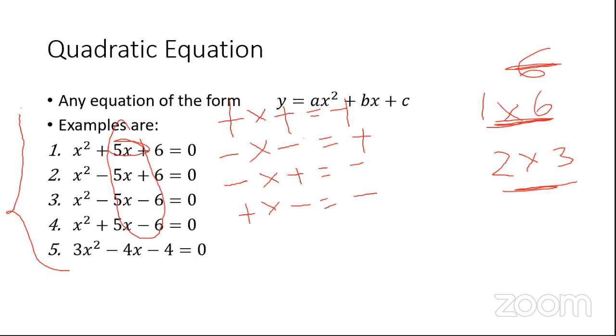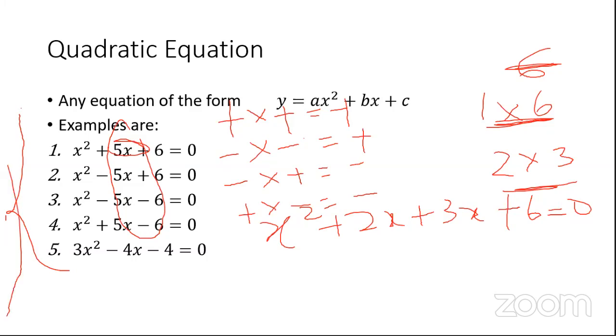So if you have that now, it means we are going to have x squared plus 2x plus 3x plus 6 equals 0. With that, you can now see that this and this form a group. This and this form a group. So what is common between them?